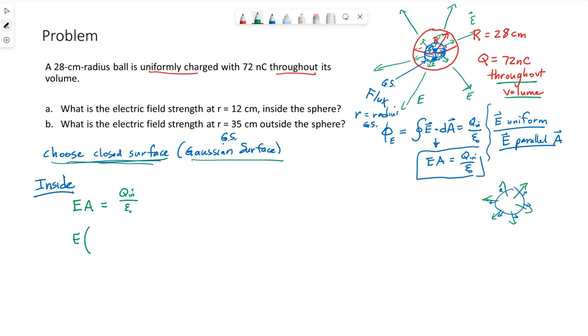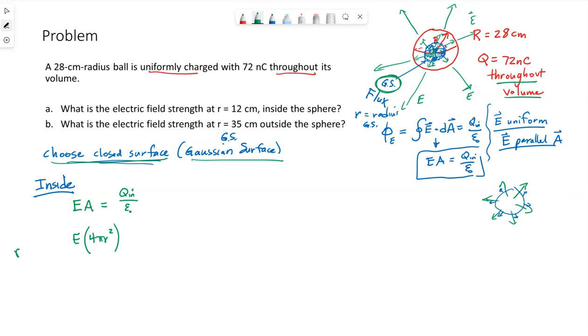The electric field is passing through all sides of this little sphere I've drawn. So I want the surface area of the Gaussian surface itself, this new tiny surface that represents a point inside the actual charged sphere.